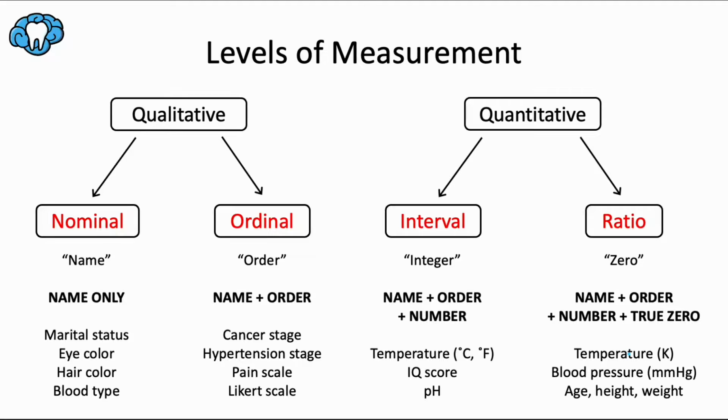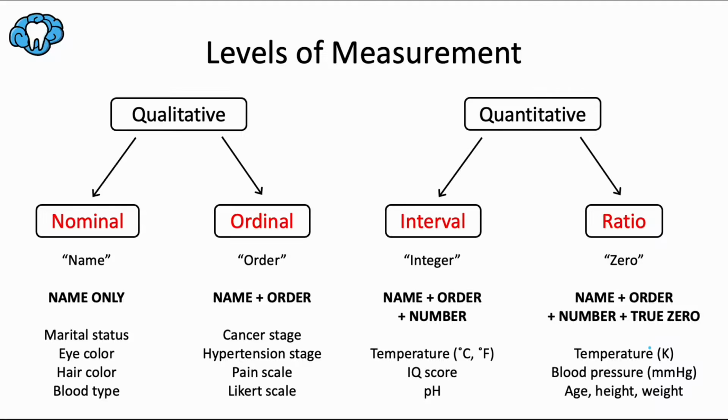You may ask, well, we have 0 degrees Celsius, or we have 0 degrees Fahrenheit, Dr. Ryan, so why aren't those considered ratio variables? Well, because you can also have negative numbers below that 0 value. With Kelvin, you cannot have a temperature below absolute 0. It's impossible.